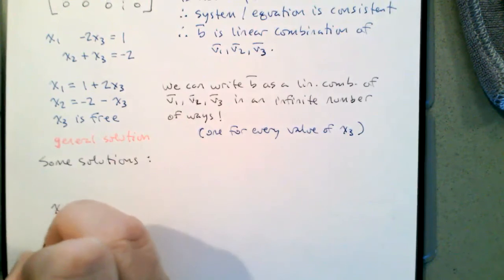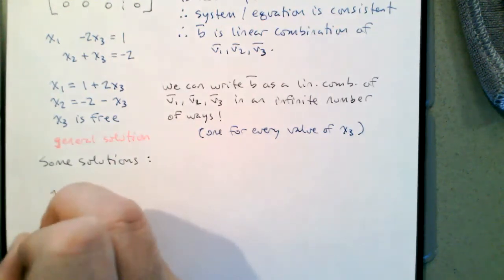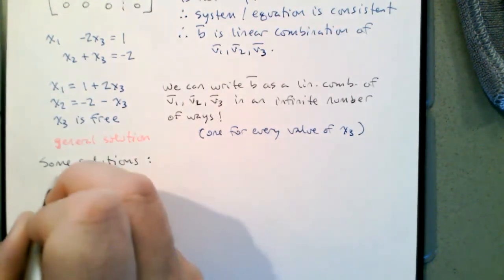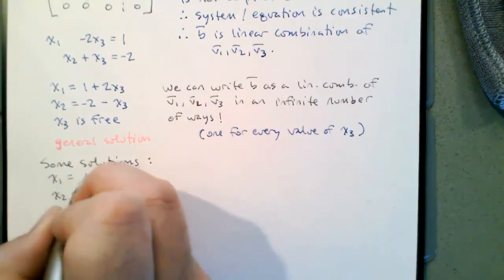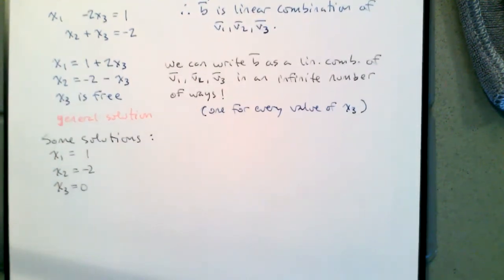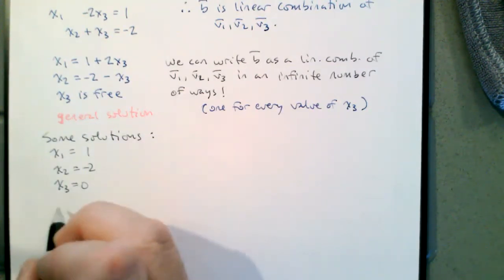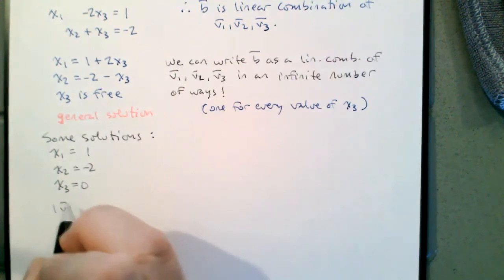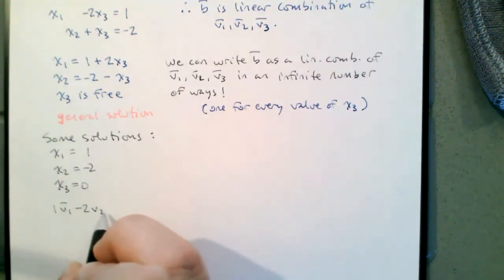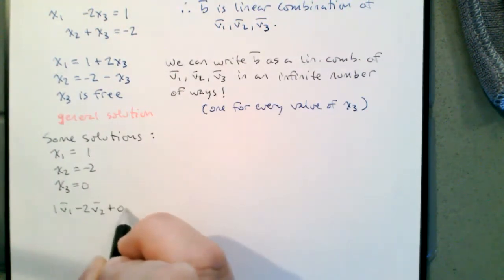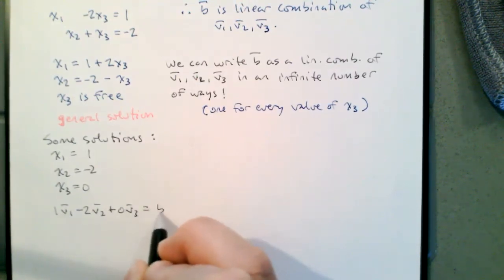If x3 is 0, then x2 is going to be -2, and x1 is going to be 1. So what that means is that 1v1 minus 2v2 plus 0v3 should equal b.